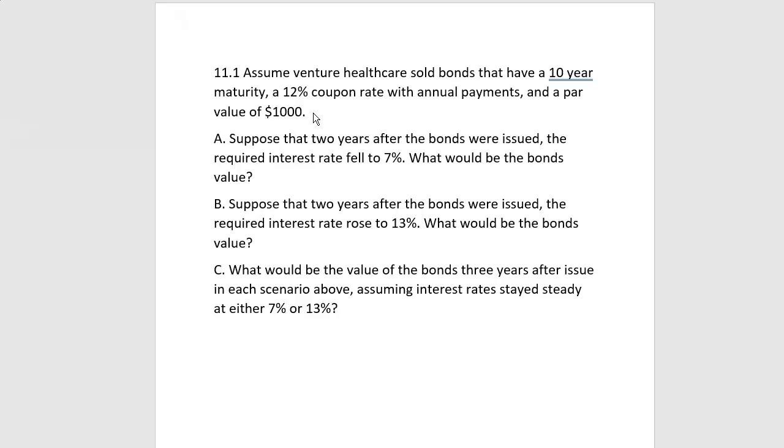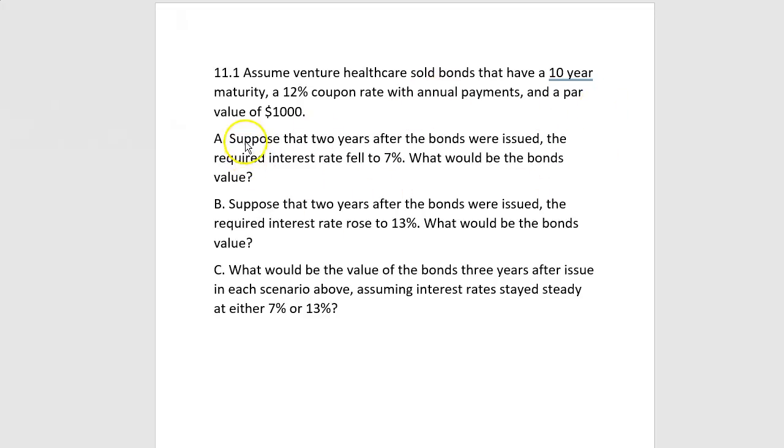So even you now know the payment amount. Pretty easy. You can do that in your head. It's going to be $120. Maybe I should use a calculator. $120 is our coupon payment that we receive, a check in the mail every year from the company.